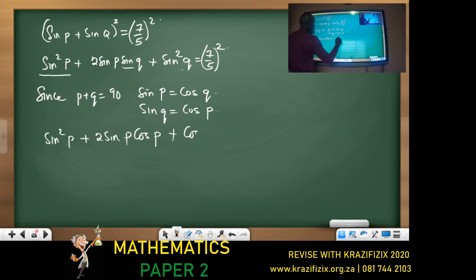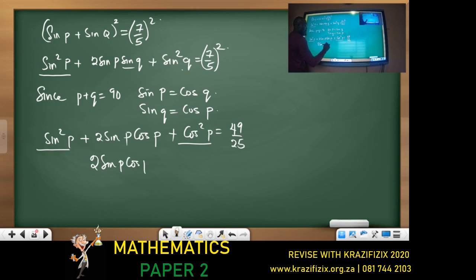So I would have cos squared P equals 49 over 25. Makes sense. Sine squared P and cos squared P would give me 1. So 2 sine P cos P is equal to what? 49 over 25 minus 1. Oh, what is this? This is sine 2p.